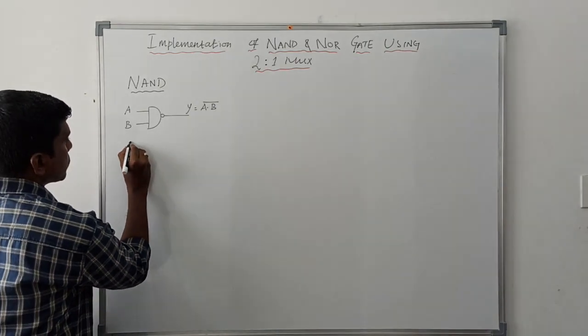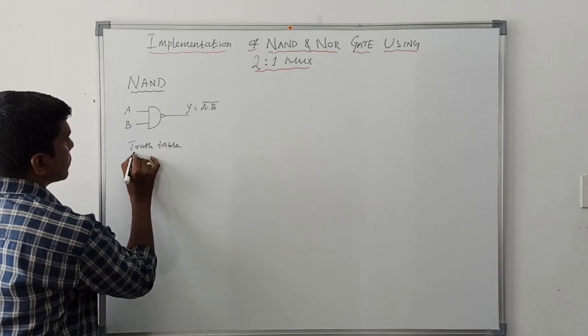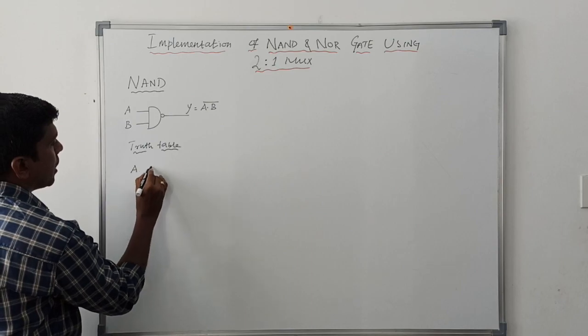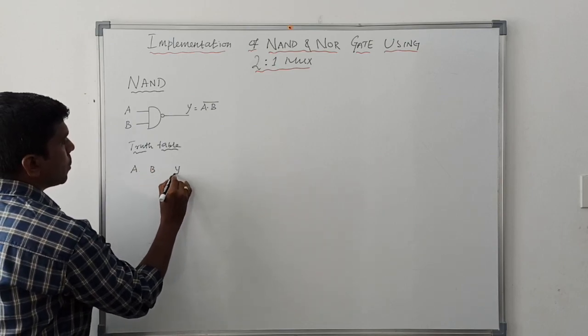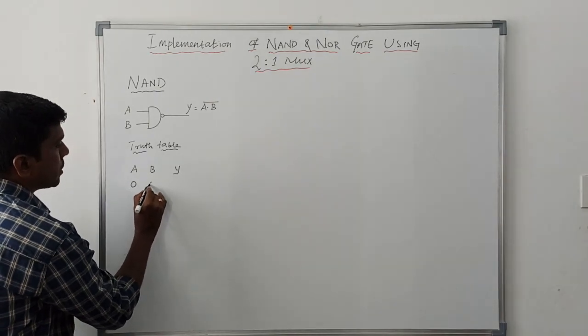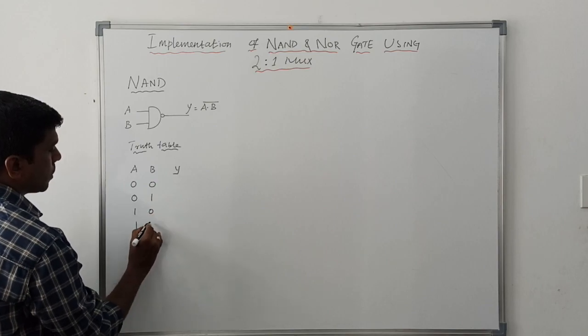Now come to the truth table. This NAND gate is a 2-input NAND gate. A and B are the input variables, Y is the output variable. These two variables make 4 combinations of input: 0 0, 0 1, 1 0, 1 1.